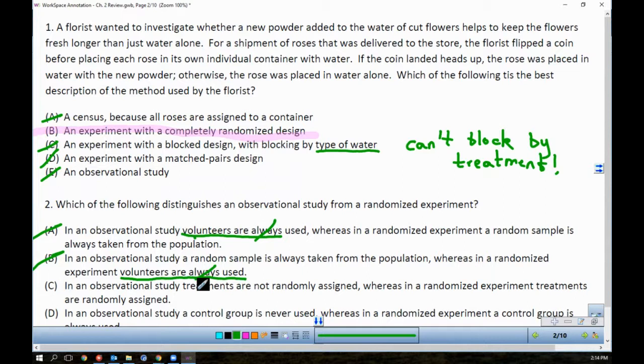Do we assign treatment in an observational study? Oh, sorry. We don't. C is the answer. Because in an observational study, we do not assign treatments. We just do exactly what the word says. Observe.